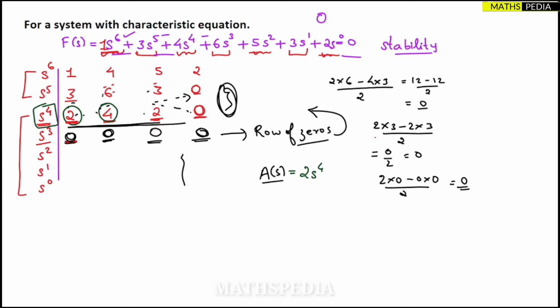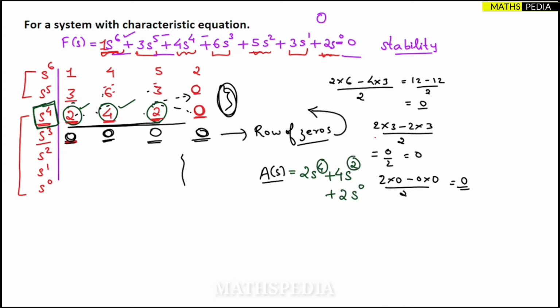The next element will be 4, decrease 2 powers, that becomes s power 2. Initially it was s power 4. While looking at the left side we have s power 4. That's how I wrote 2s power 4. For 4 you have to write s power 2. Now what about 2? 2 I'll write as plus 2 s power 0.